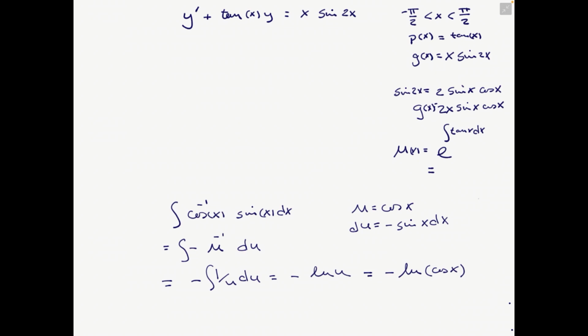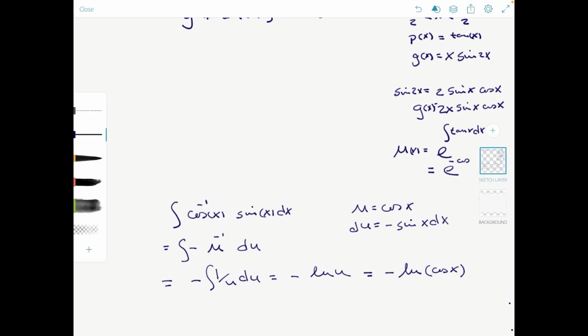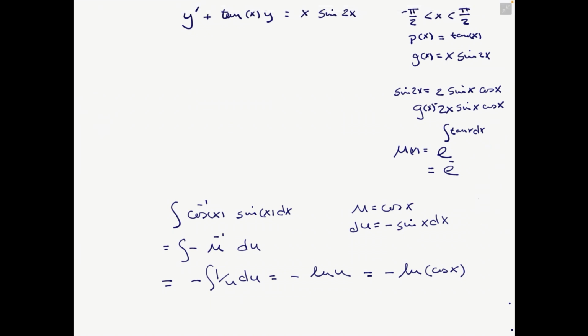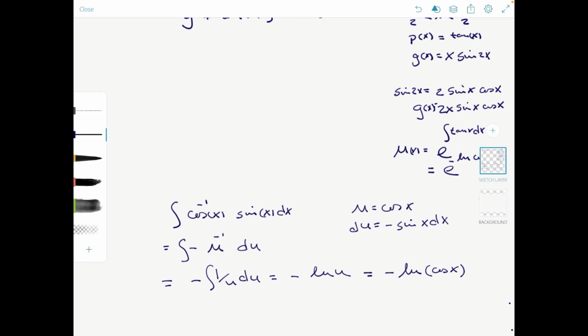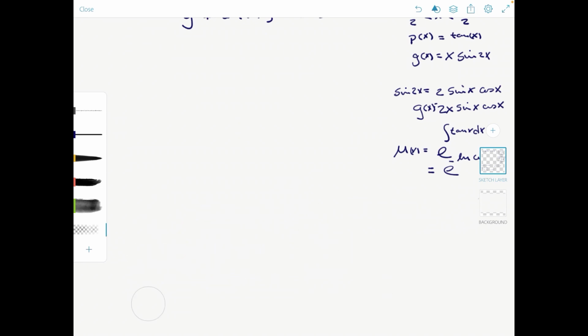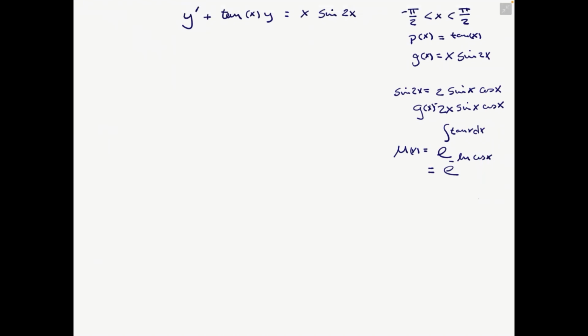So this is equal to e to the minus ln of cos x, and this is equal to e to the ln of 1 on cos x, and that's equal to 1 on cos x, which is the secant of x.